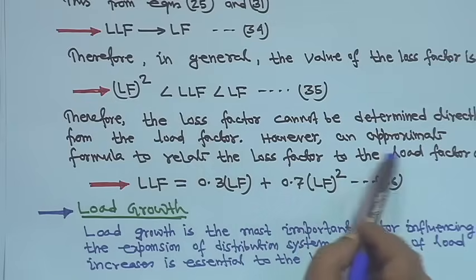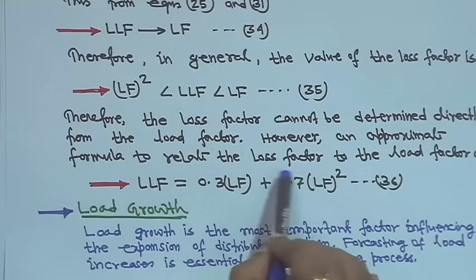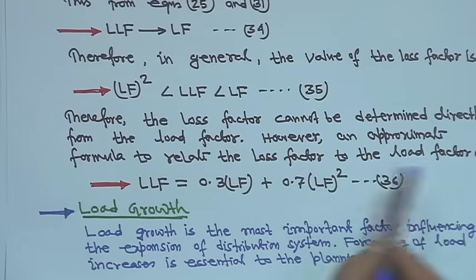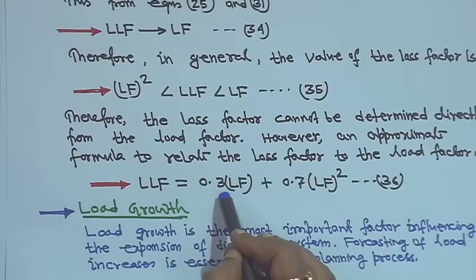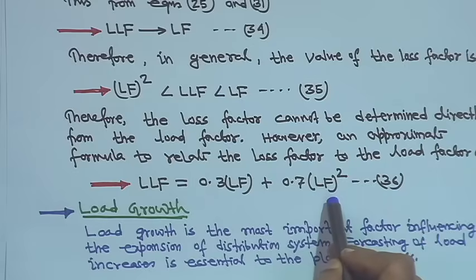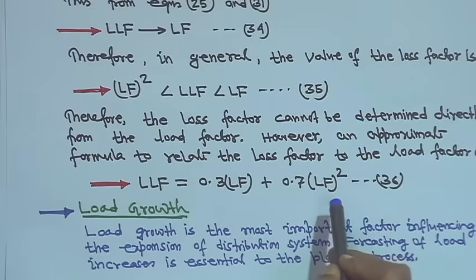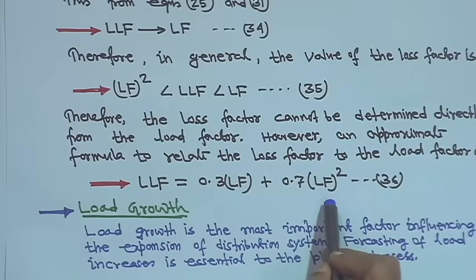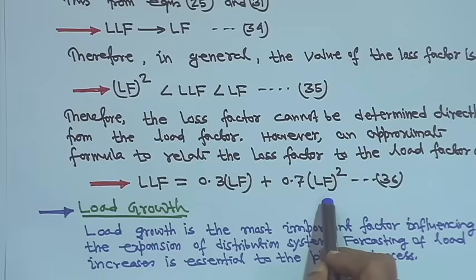However, an approximate formula to relate the loss factor to the load factor is: loss factor is equal to 0.3 into load factor plus 0.7 into load factor square. This equation is used by many, particularly for city areas.